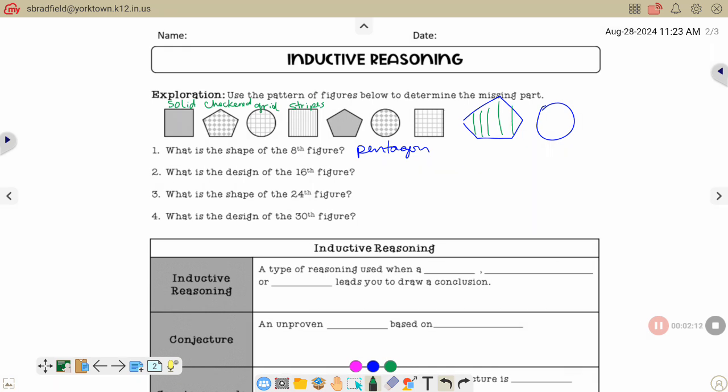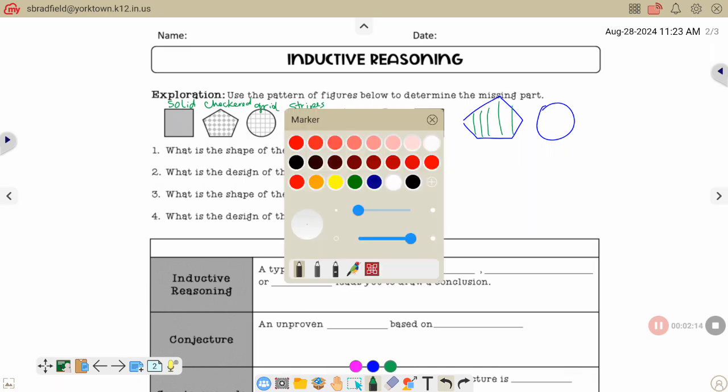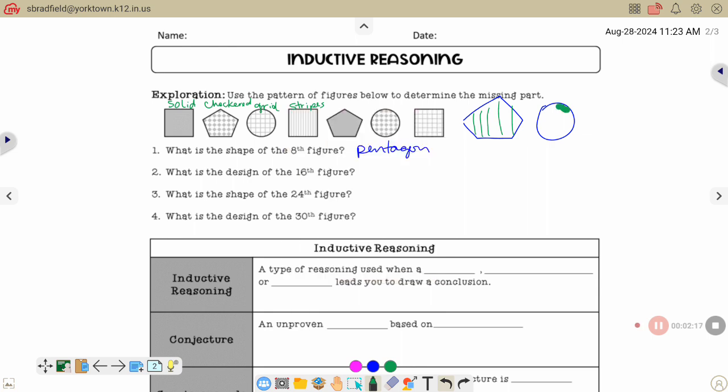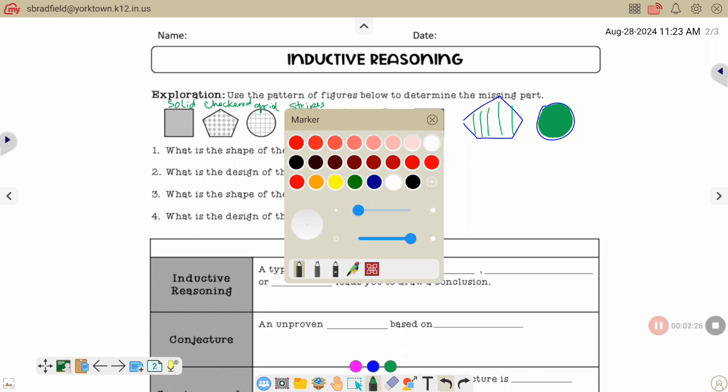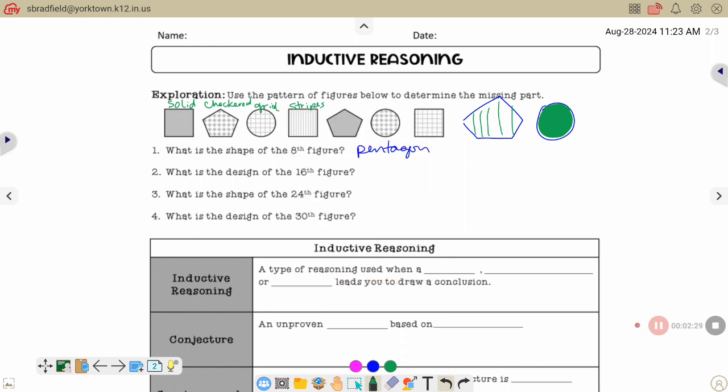And then the circle would be solid. And then we're assuming it would just keep going, wouldn't it? So every 4th shape, it goes 4 shapes, and then we start the pattern over again. So what do you think would happen on the 16th one? Grid.